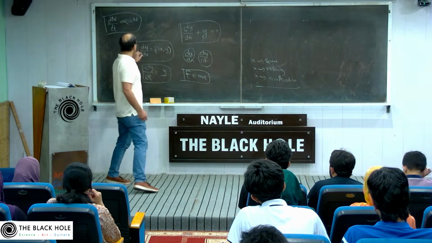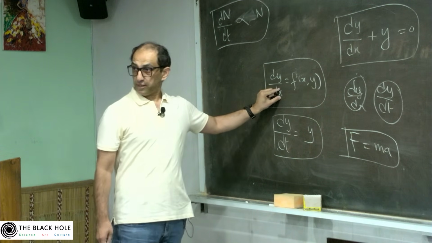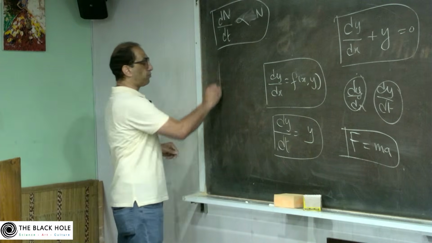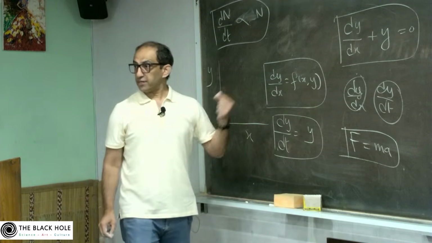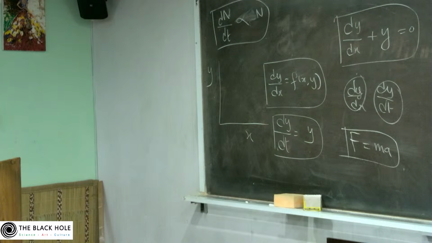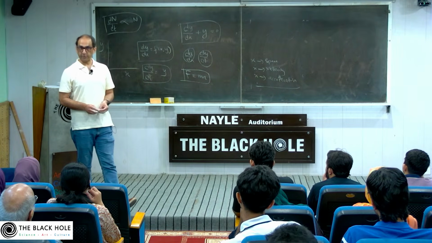So this is the dependent variable, this is the independent variable. If you are going to plot something, it will be y versus x. All that you are seeking in this particular case is how to find y. That is the entire pursuit of this whole series of lectures, that you are supposed to find y.